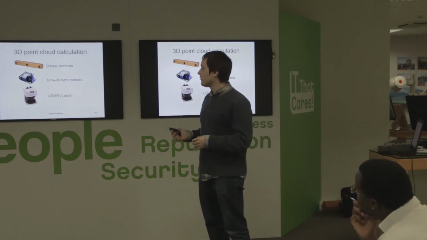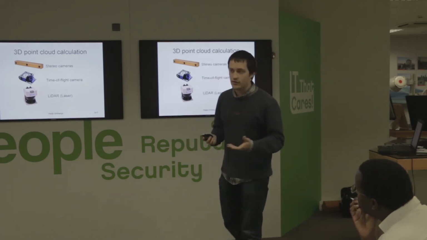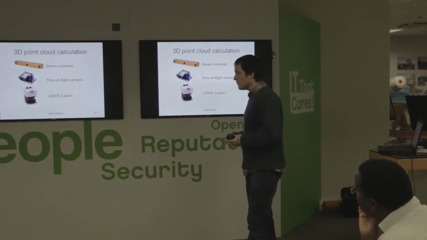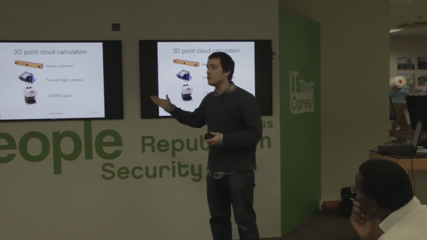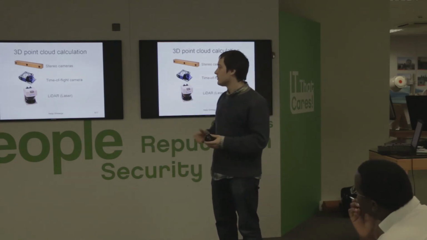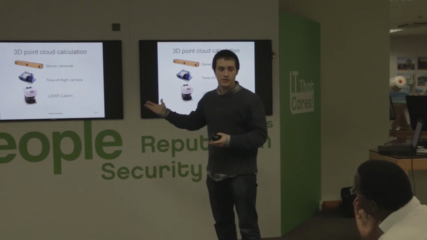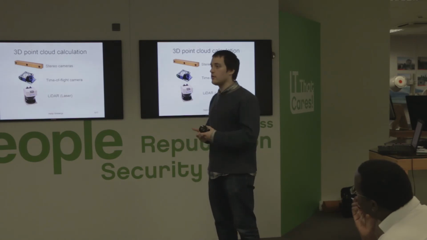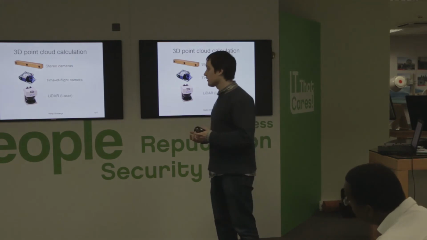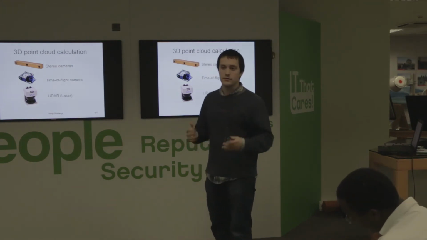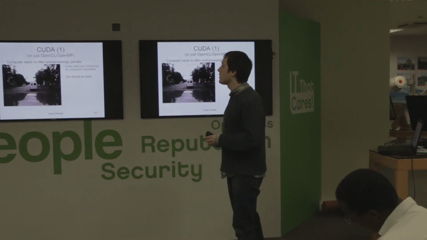And the third one is, for example, LiDAR, which is laser-based, and is most popular in most autonomous vehicles, especially the Google self-driving car. But it is usually extremely expensive, and it also takes a lot of energy to operate, which can be very prohibitive in small robotic applications.